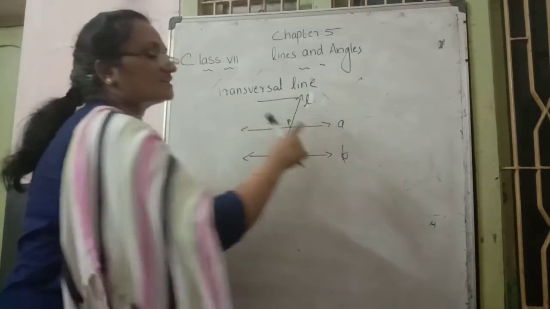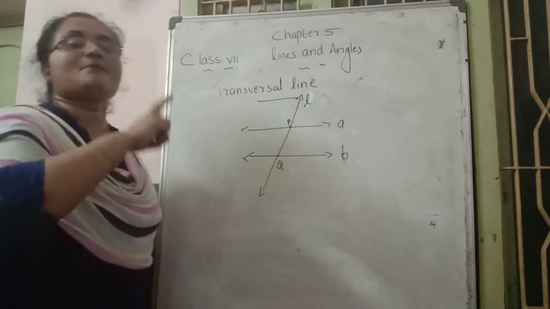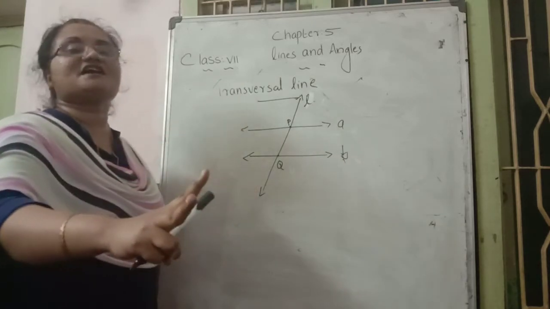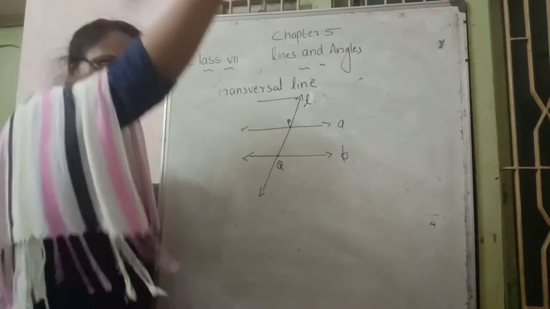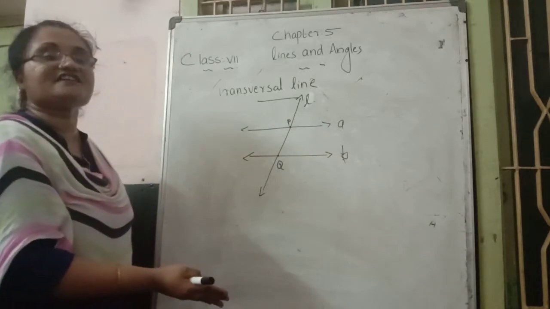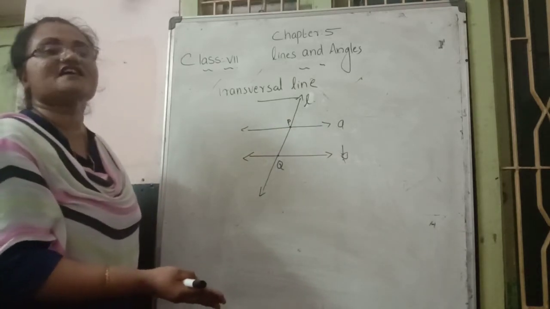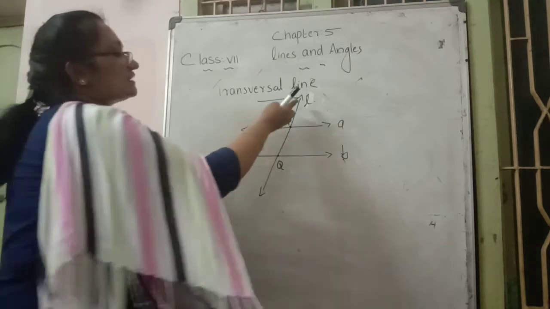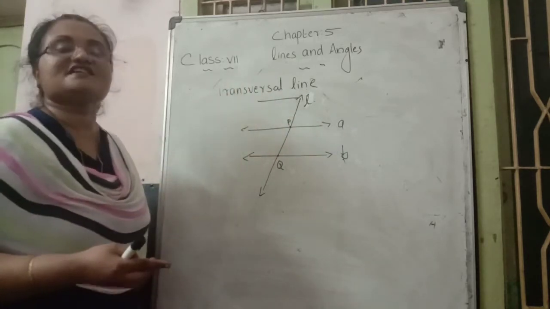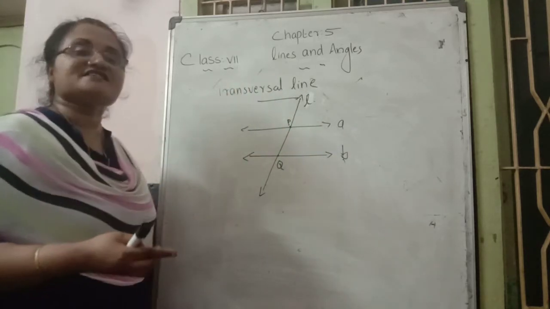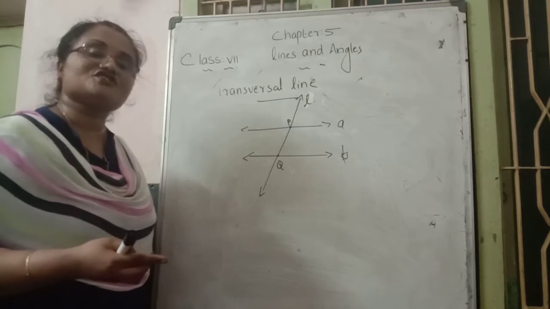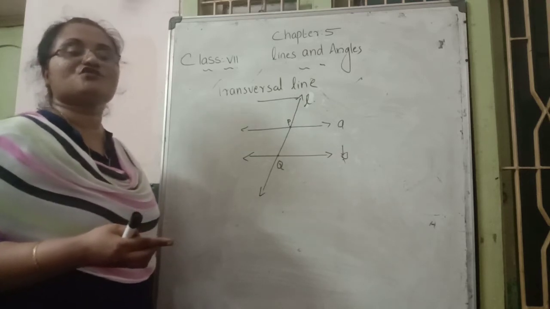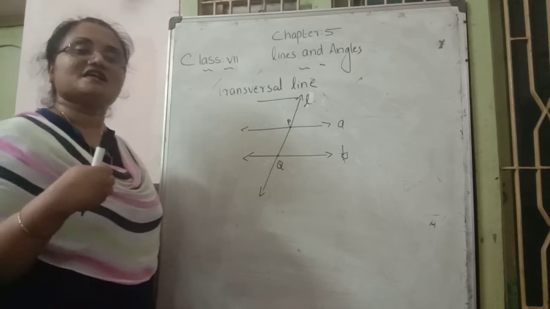A and B are which type of lines? Parallel lines. A and B are parallel lines. Those two parallel lines are cut by a third line. That third line we call a transversal line. For identification we represent it with the letter L. Lines are named with small letters.